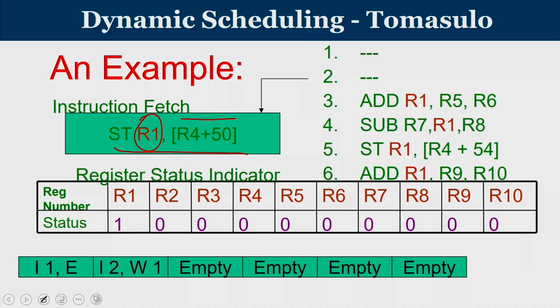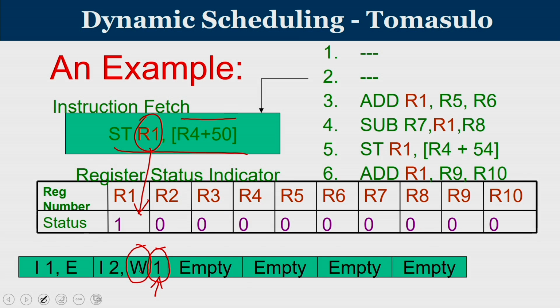So this instruction will be forwarded to the second functional unit, wherein you are in the waiting stage and you are waiting for the result that is produced by 1, because at this point the RSI value of R1, which is the operand, is 1, meaning my value is not available, it will be produced by some other functional unit. So it is the name of that functional unit that is being written over here. So the second instruction cannot execute, it is waiting for a result produced by the first functional unit.